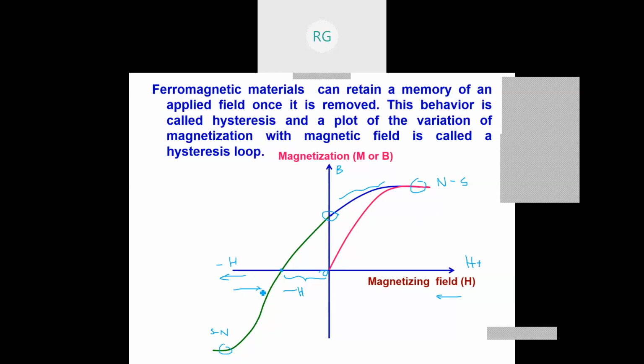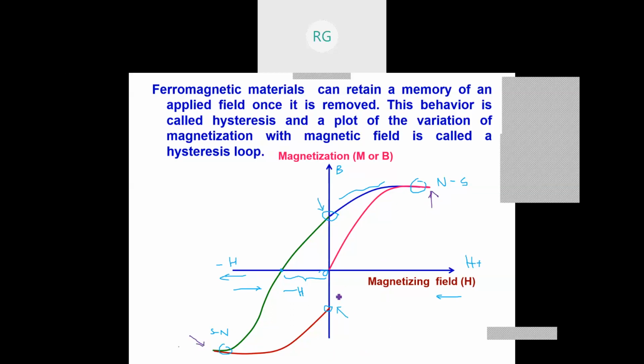If I decrease the field in this direction, you can see it will not follow the same path again, it comes here. That means even though it is magnetized in the opposite direction, once I'm demagnetizing it, it is not coming to a zero B. So this point and this point are similar points, and the two points which we have chosen here, that is saturation, are the same saturated points.